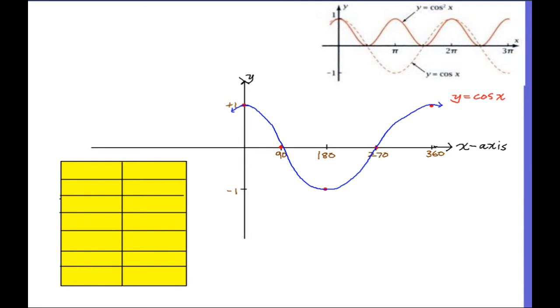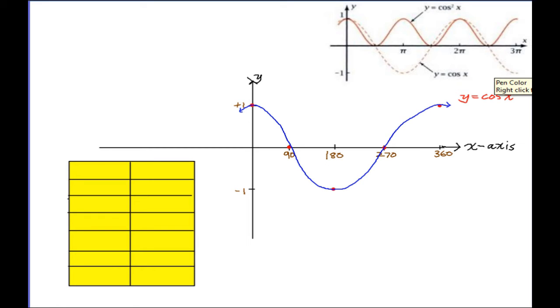So let's say this is our x, and this is y equals cosine squared of x. Let's identify these x's as angles: 0, 90 degrees, 180 degrees, 270 degrees, 360 degrees.